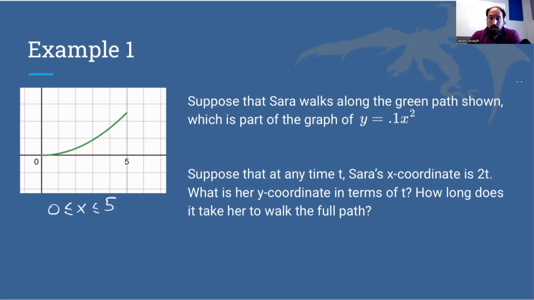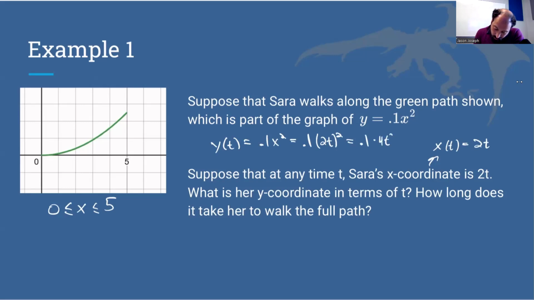If y is 0.1 x squared and x as a function of t is 2 times t, then y is 0.1 times 2t squared, which is 0.1 times 4t squared, which is 0.4 t squared. So y as a function of t is 0.4 t squared.